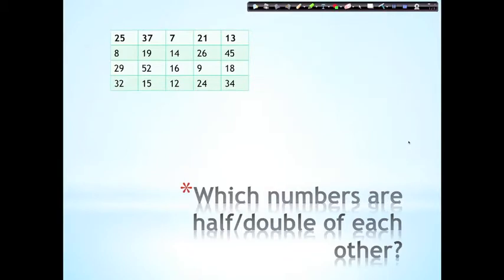Okay, just spend a minute to think about which numbers are half or double of each other. So for example, 7 and 14. In this original grid, I've got 7 and I've got 14, and 7 is half of 14.